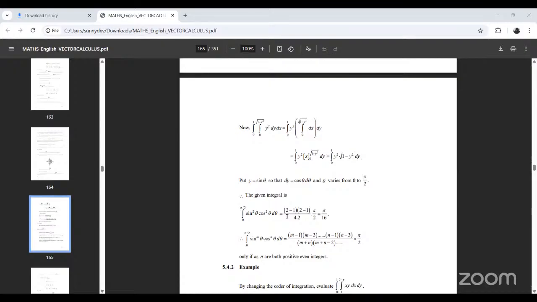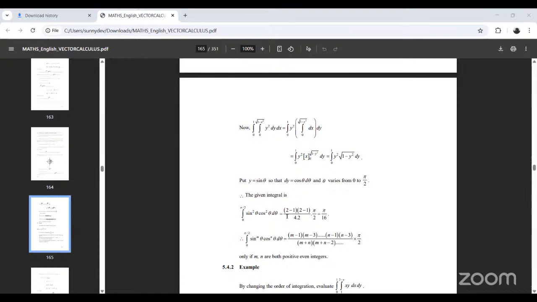See, this is going to be a very lengthy procedure using the UV formula in the integration. So for the simplification, put y equal to sine theta, then dy becomes cos theta d theta, and theta varies from 0 to pi.